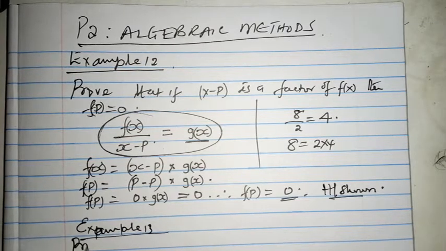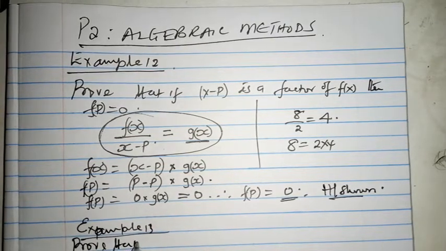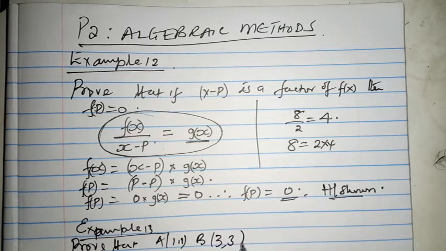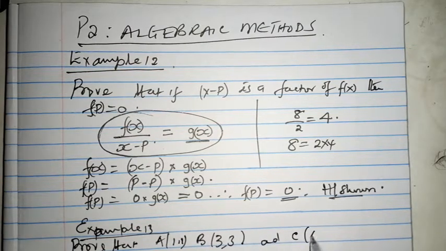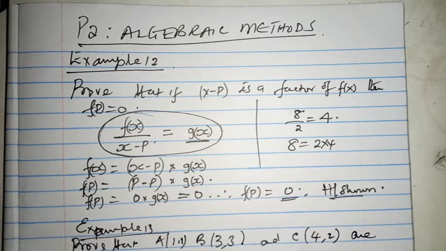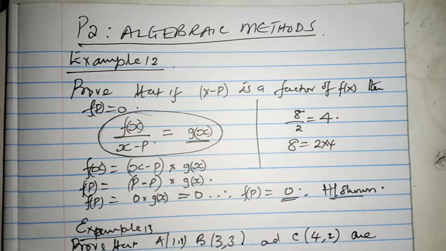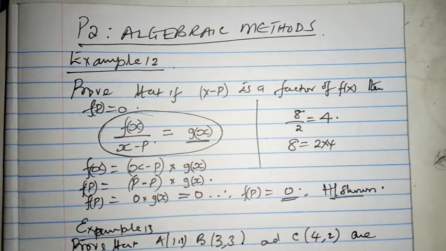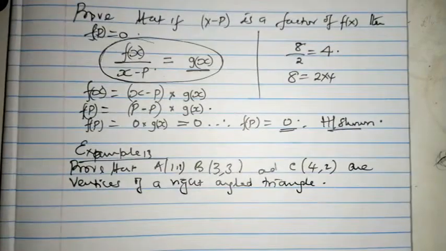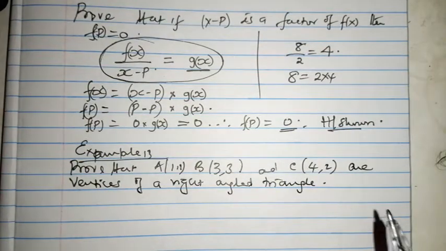And in example 13, we're told to prove that A(1, 1), B(3, 3), and C(4, 2), which is turning out to be a triangle, are vertices of a right angled triangle.